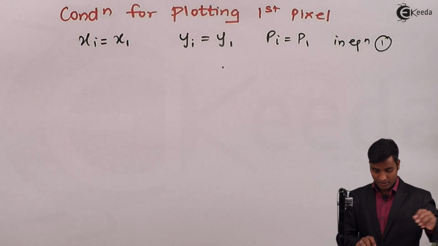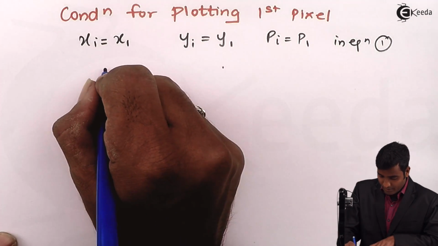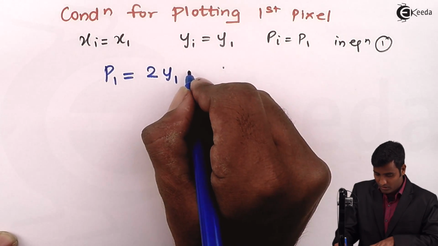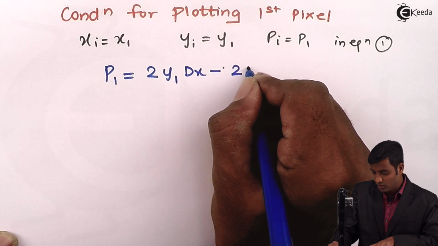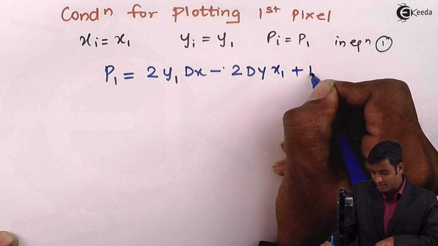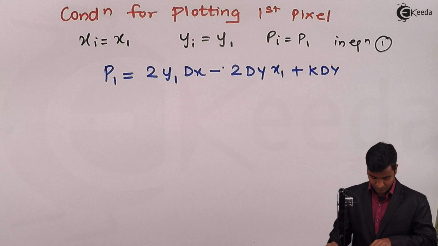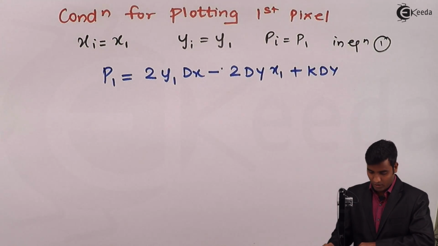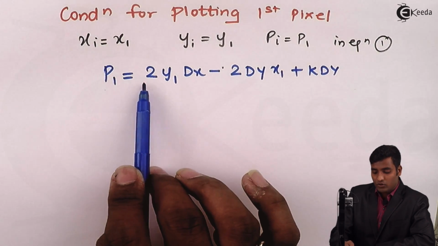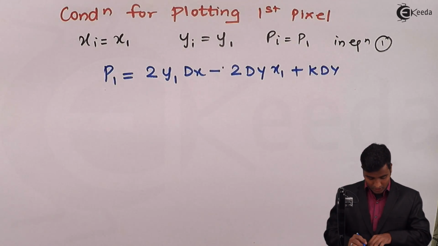After replacing, I will get p1 equal to 2 y1 dx minus 2 dy x1 plus k dy. So I got the value of the decision parameter for the first pixel as 2 y1 dx minus 2 dy x1 plus k dy.